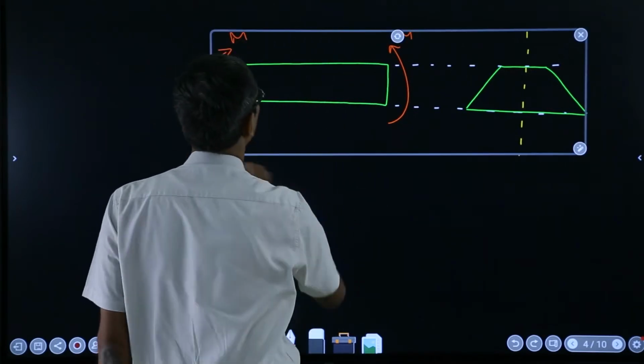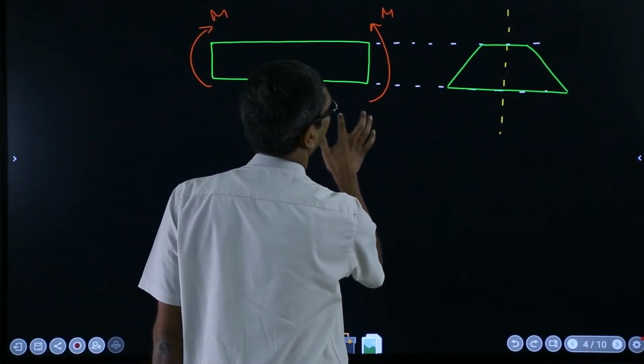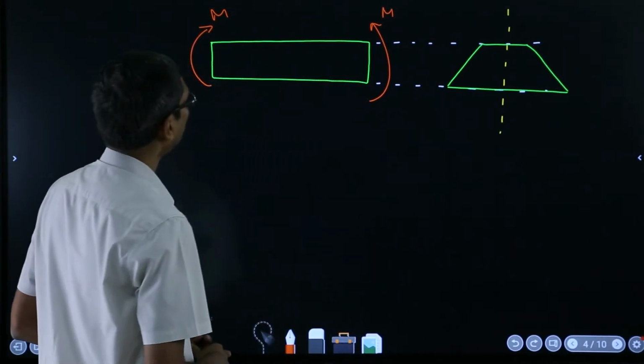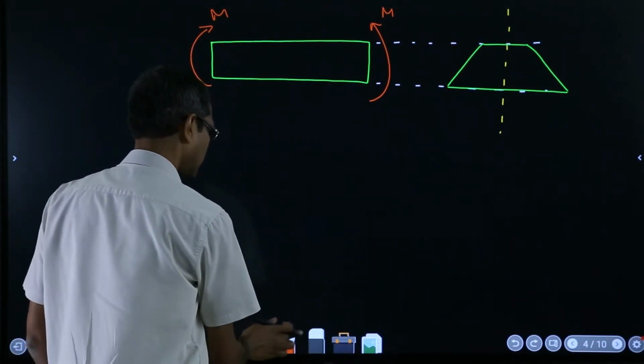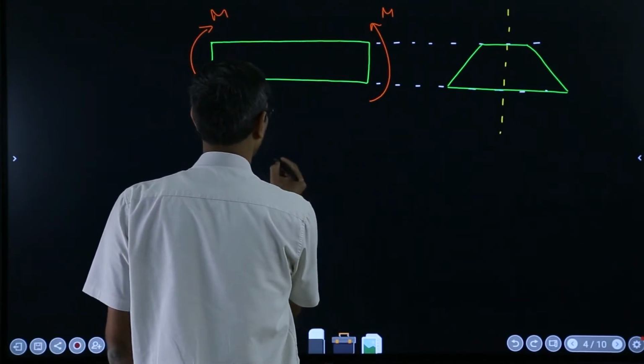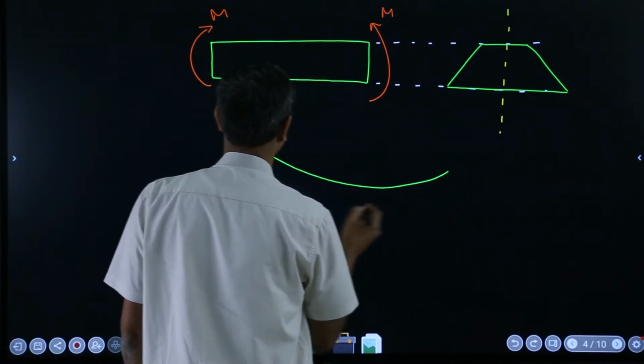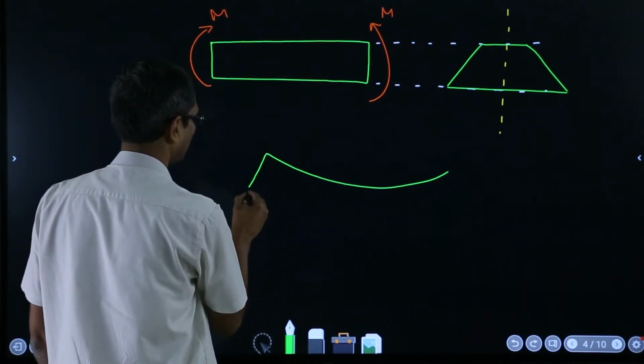So, we can safely now assume that once it is bent, we will have something like this. Okay.